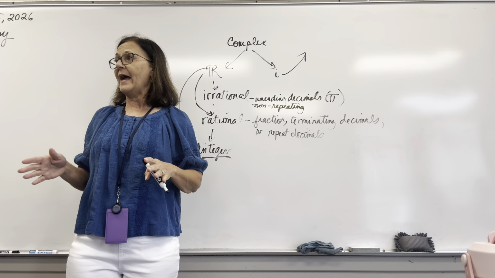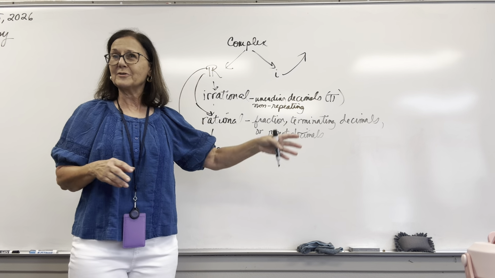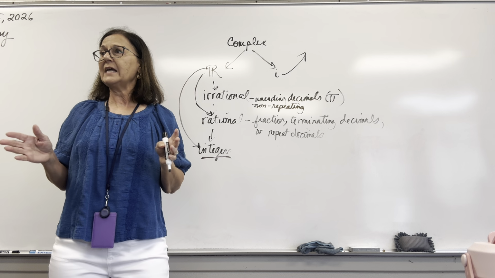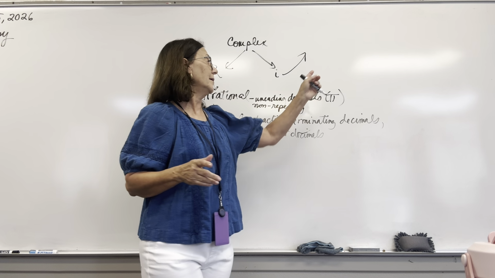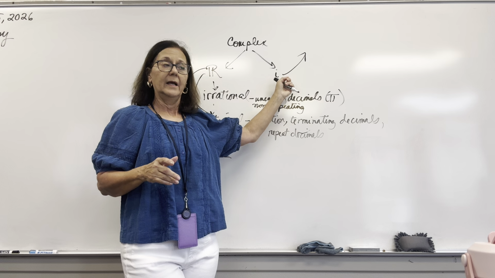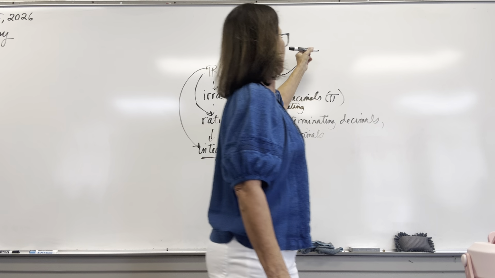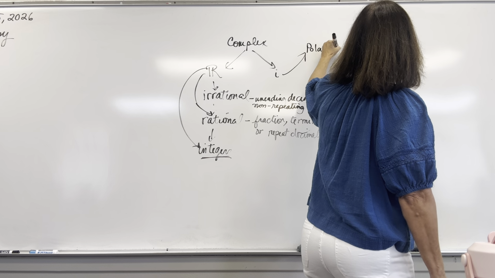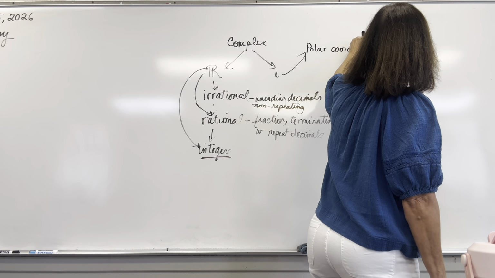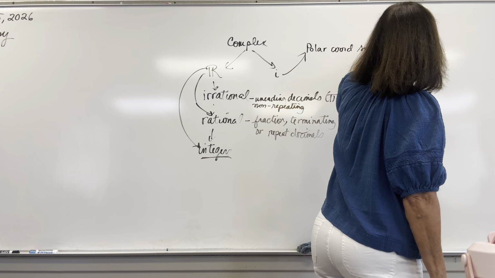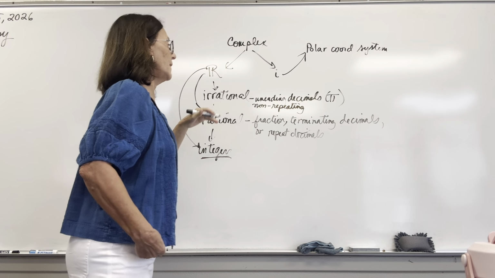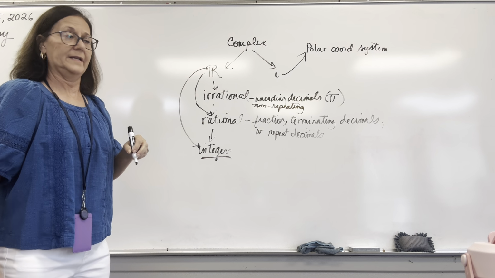Even though all these numbers are complex, when you read the word complex in any textbook or on the ACT, think imaginary. We will graph imaginaries on the polar coordinate system, which is very different from the rectangular coordinate system.